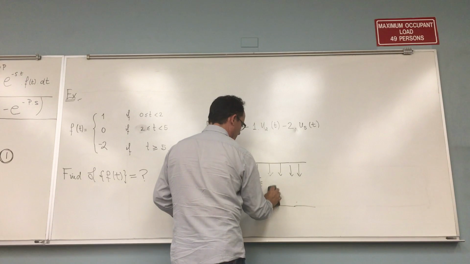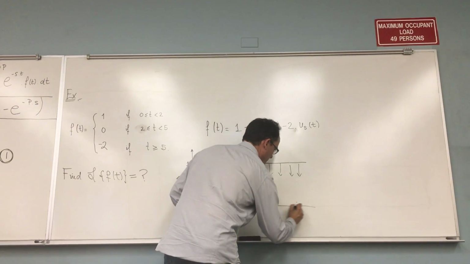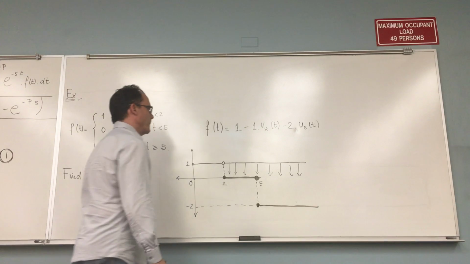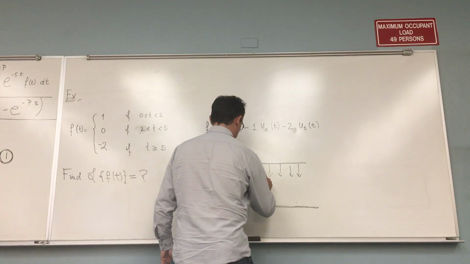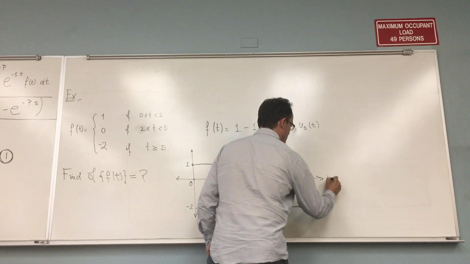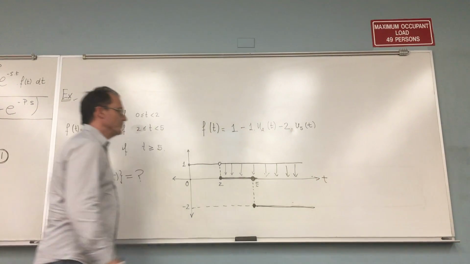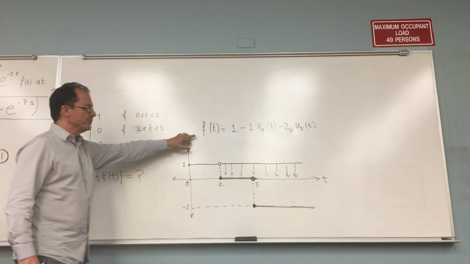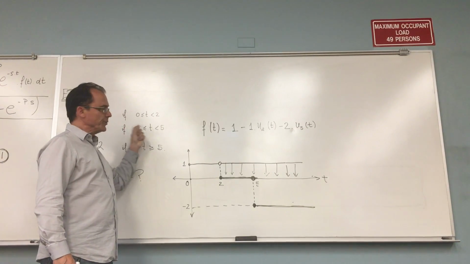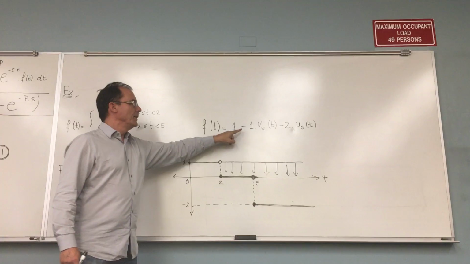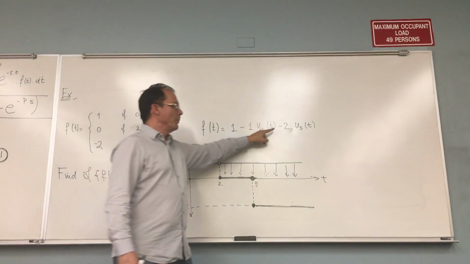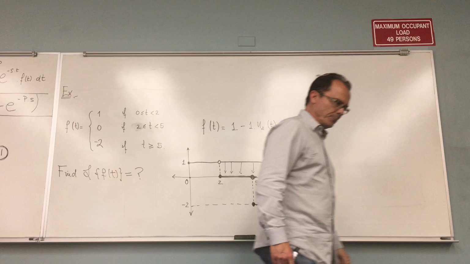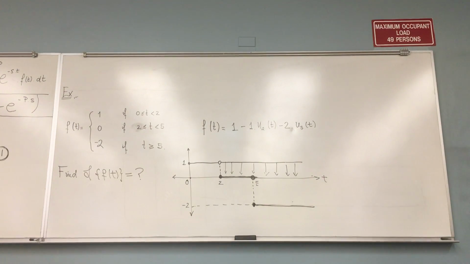And then we have finally achieved writing the piecewise function in this form: 1 minus 1 times u2 minus 2 times u5. And once we have it in that form, now we're ready to take the Laplace transform.